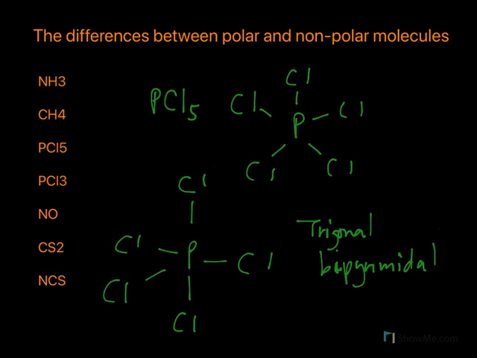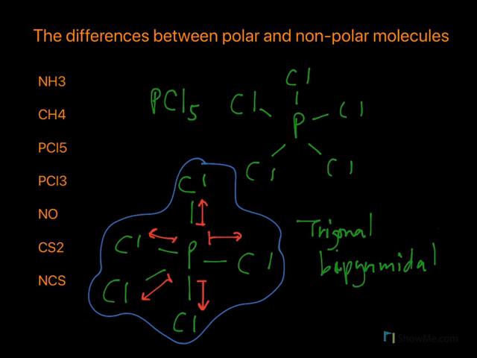And because, again, all the electronegativity, the polar bonds in the PCl5 are all exactly the same magnitude, we know that chlorine is more electronegative than phosphorus, so the chlorines around the phosphorus are pulling the electrons towards it to the same exact degree, which makes the total electron distribution around the phosphorus exactly the same. So this is a nonpolar molecule.